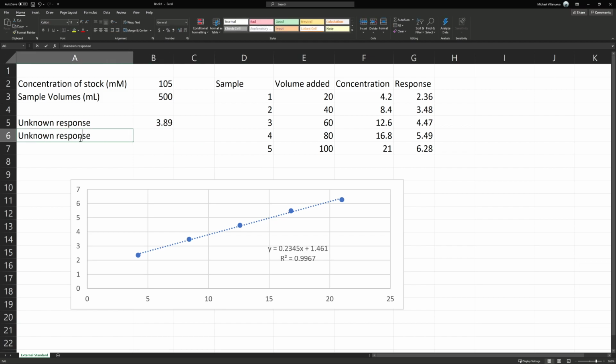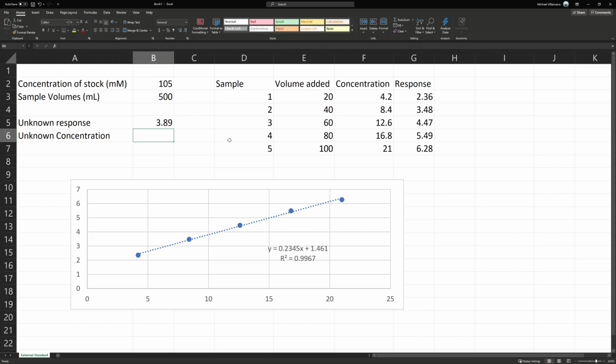Instead of unknown response, we're going to use unknown concentration. Excel is super useful because you can give Excel the information it needs to calculate the concentration of our unknown. And how are we going to do this?